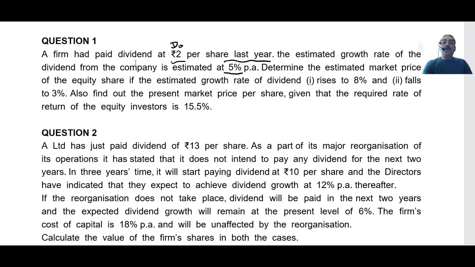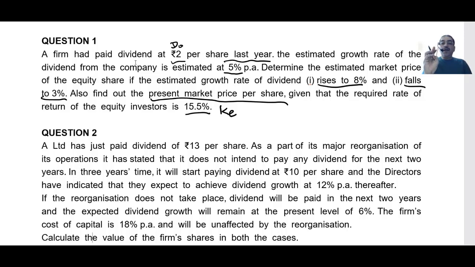Now, determine the estimated market price of the equity share if the estimated growth rate of dividend rises to 8%, case 1, falls to 3%, case 2. Also find out the present market price per share given that rate of return of equity investors is 15.5%. What is this? This is KE. So three things are asked.